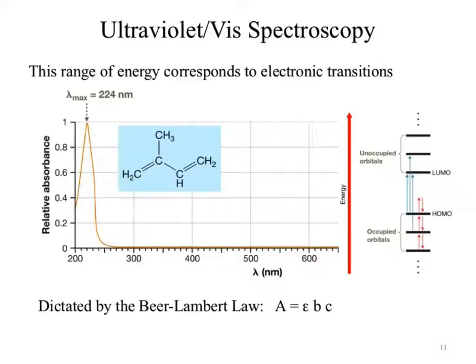What's happening, number one. Okay, remember we said we were exciting electrons. For this molecule, if we looked at our molecular orbitals, what would our two highest energy occupied molecular orbitals be? So we said occupied. So if we take a look at this, what are the bonds in that molecule?